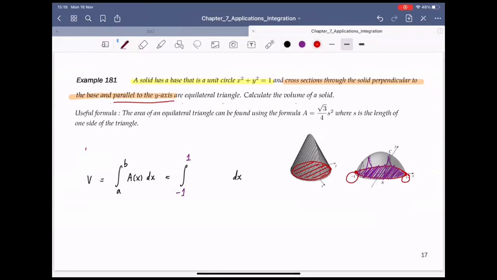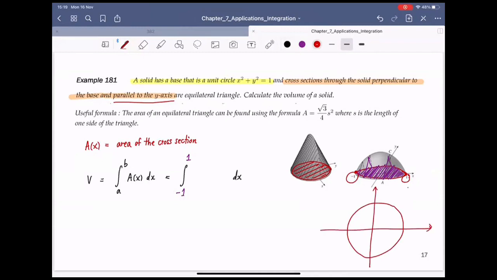So A(x) is going to be a little bit tough. A(x) is going to be the area of the cross section. So how do you find the area of the cross section? The base is the circle, right? This is your base. This is just a circle.